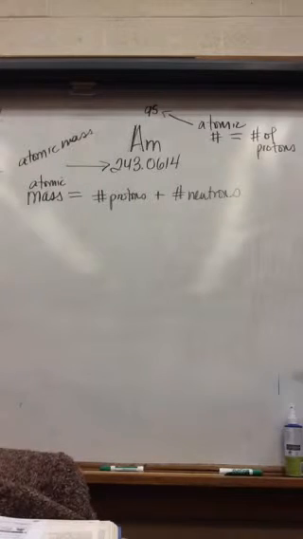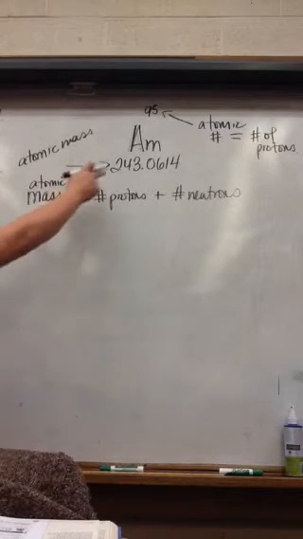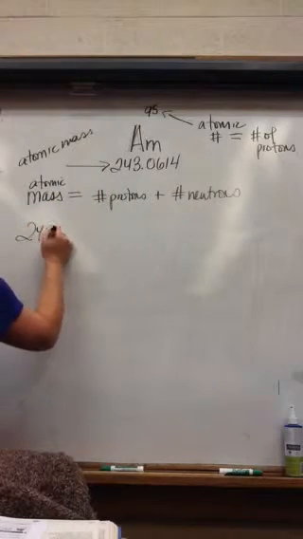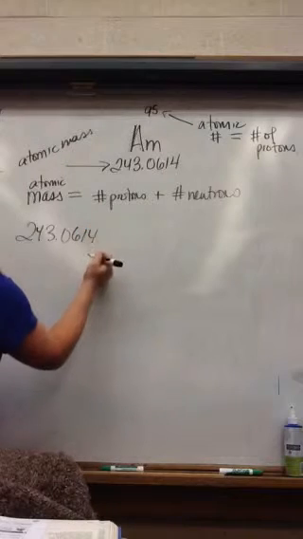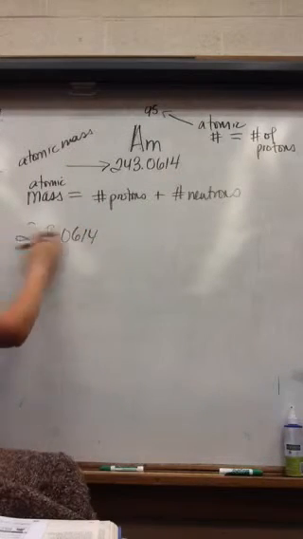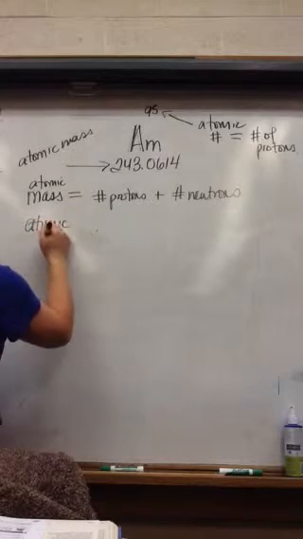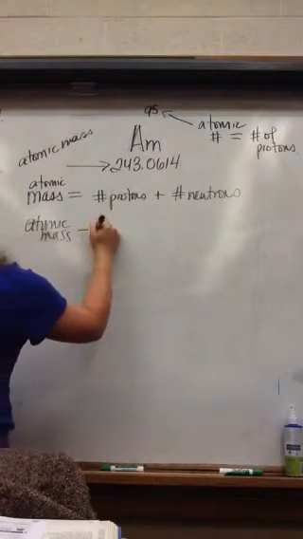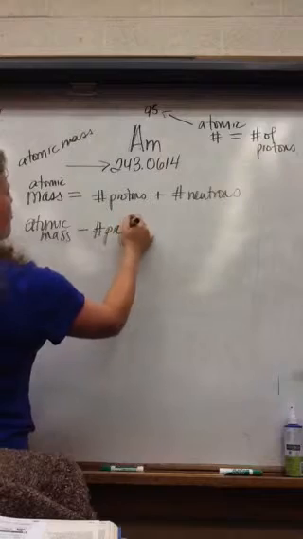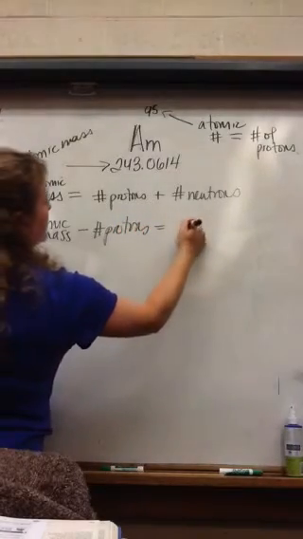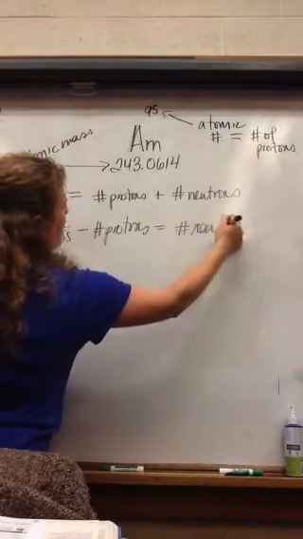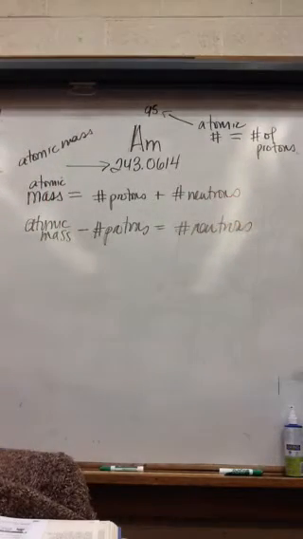So let's figure out how many neutrons we have in americium. So the mass of americium is 243.0614. Well, first let's rearrange our equation. Atomic mass minus number of protons will give us the number of neutrons.